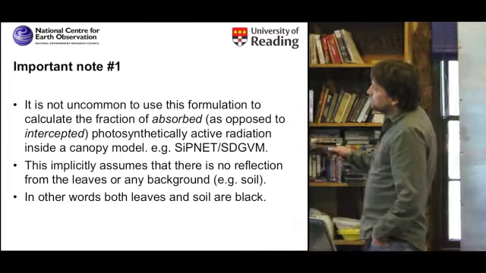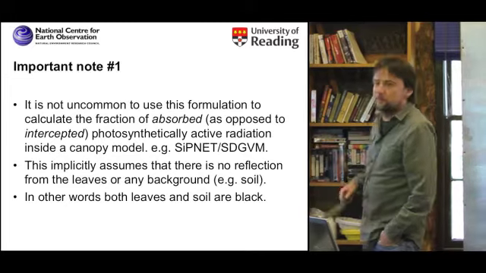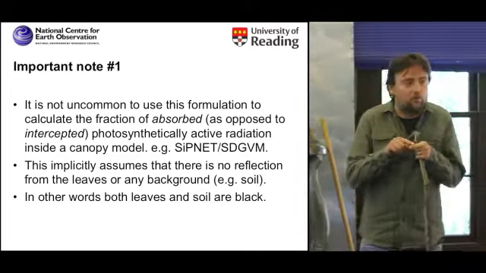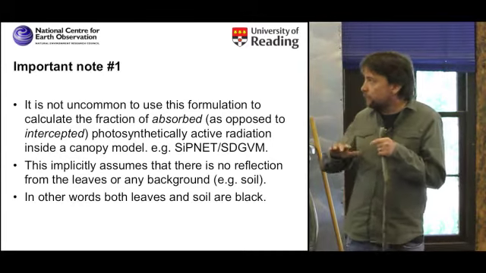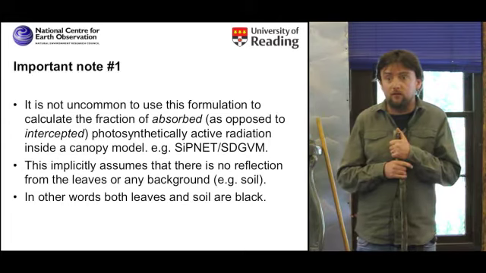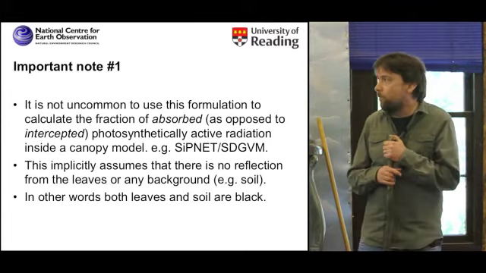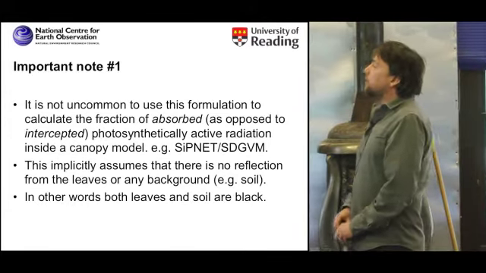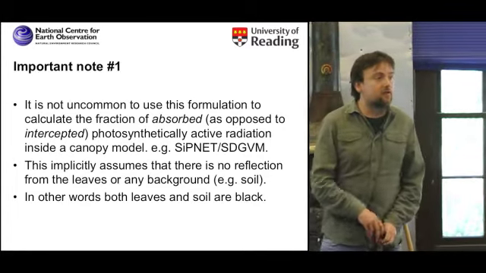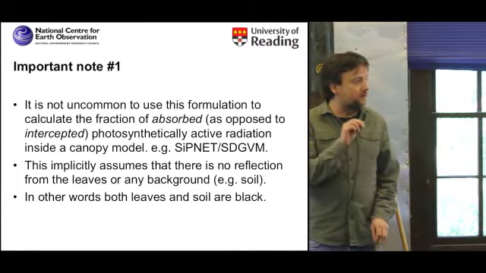So there's an implicit assumption that there's no reflection from the leaves and no reflection from the background, so the soil typically. So it's the black soil, black leaf case, and that is what most ecosystem models have in them.